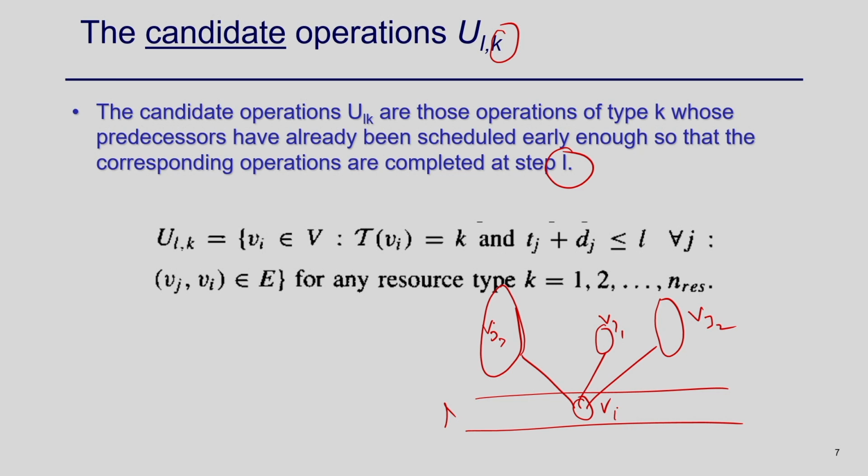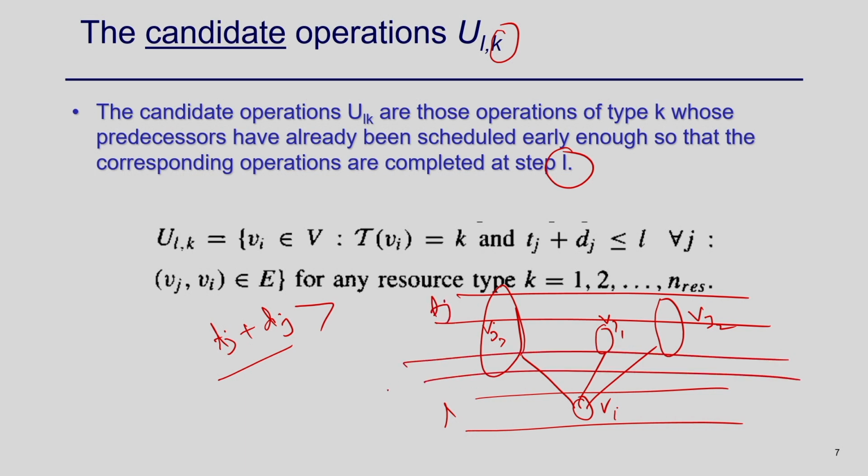Now assume Tj is the start time of a predecessor and its delay is Dj. So, it started at time step Tj and it will complete its execution at Tj plus Dj minus 1.